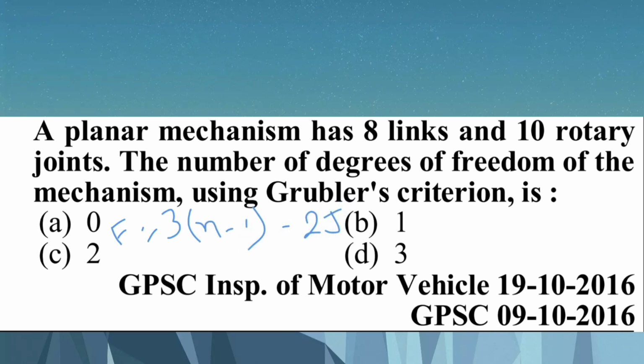There is no higher pair, so I am canceling it out. So the number of joints is 10 and the number of links is 8. 3 into 8 minus 1 is 7, 3 into 7 is 21, minus 2 into 10 equal to 20. 21 minus 20. Degree of freedom is 1. Sorry, option B is the right answer, 1.